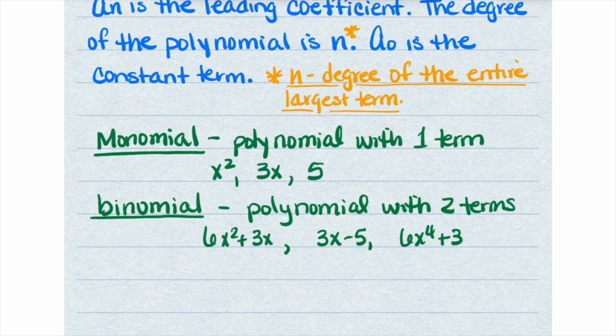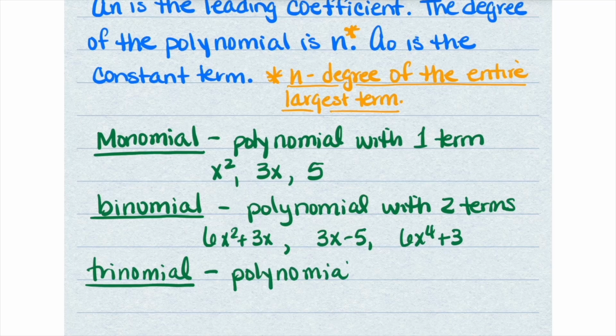okay? That's a binomial. And then, of course, the one that you'll see most often is a trinomial. Most often you'll see binomials and trinomials, but just know each term is called a monomial. So this is a polynomial with three terms. Okay. For example, x squared plus 2x plus 1.